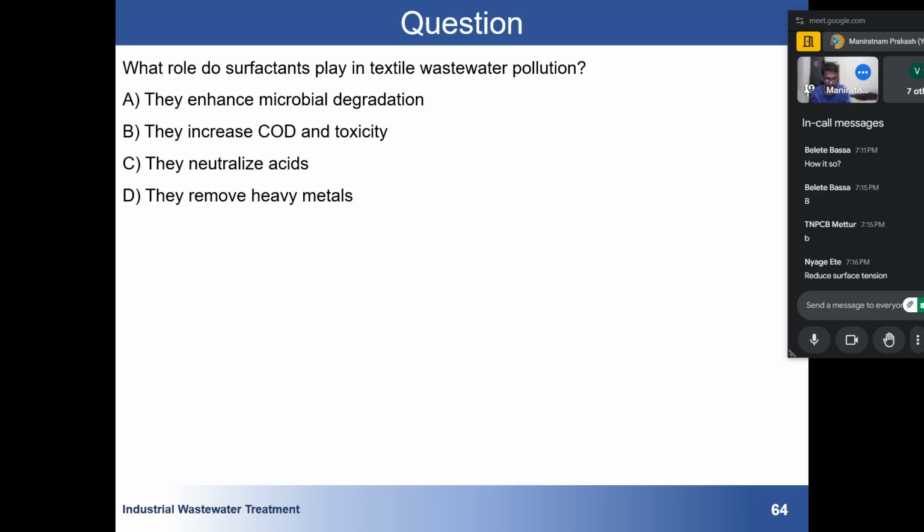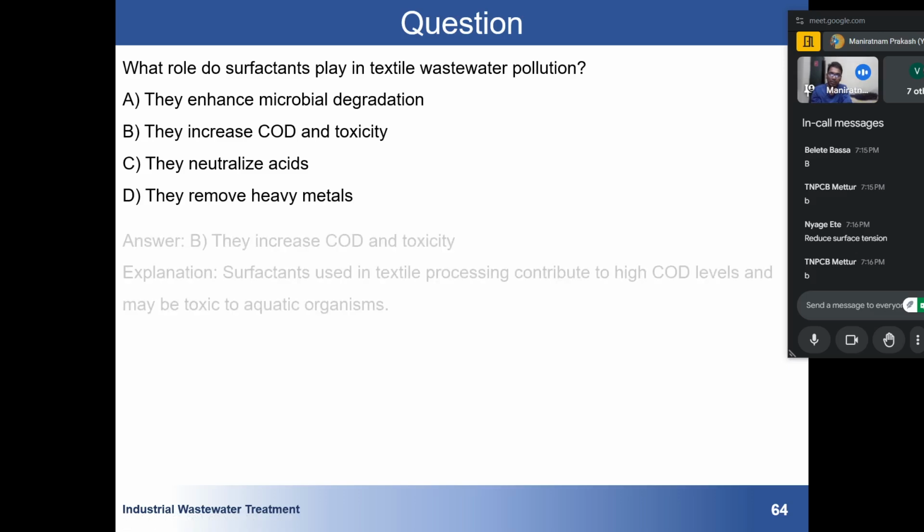Yes, correct. Yes, reduces surface tension, that's correct. And B, they increase the COD and toxicity.